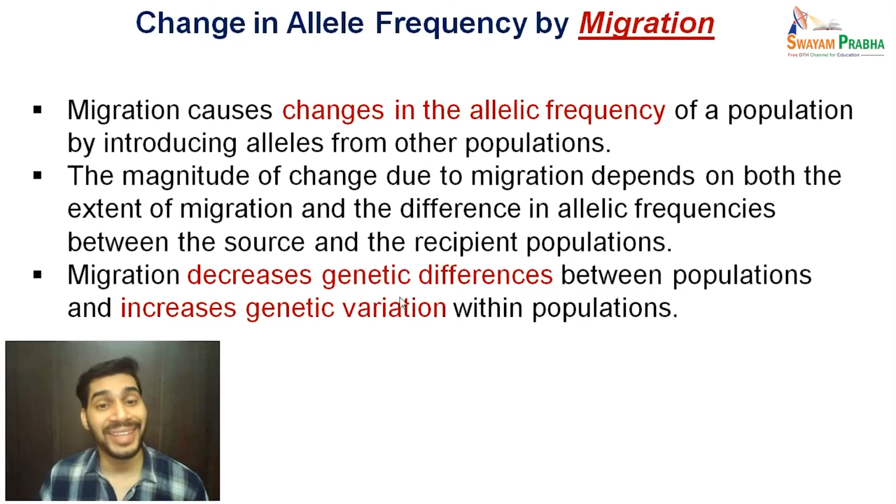Migration decreases the genetic differences between the populations because it mixes them, and it increases the genetic variation within the population because new migrants or new entrants are coming into the population. So this is the effect of migration on genetic difference and genetic variation.